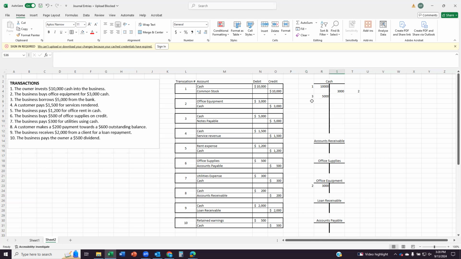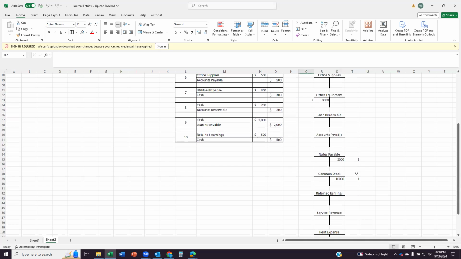Transaction four, we'll debit cash 1,500 and we'll credit service revenue 1,500.